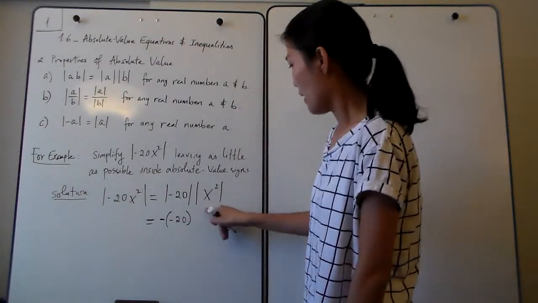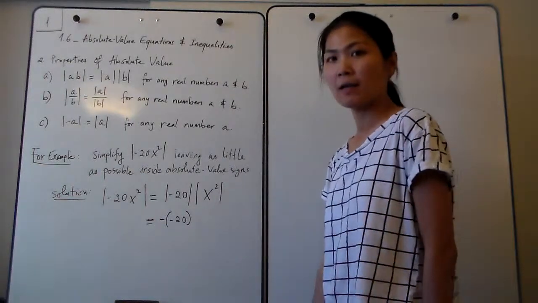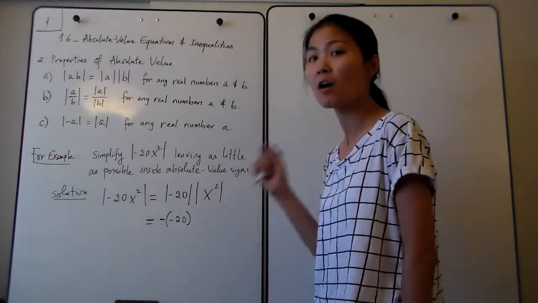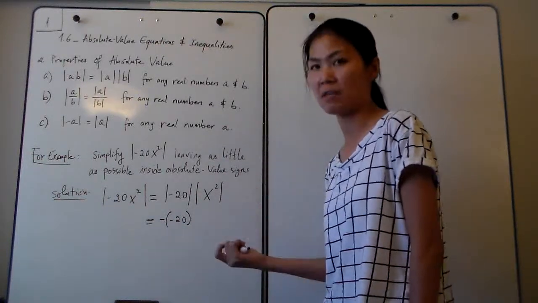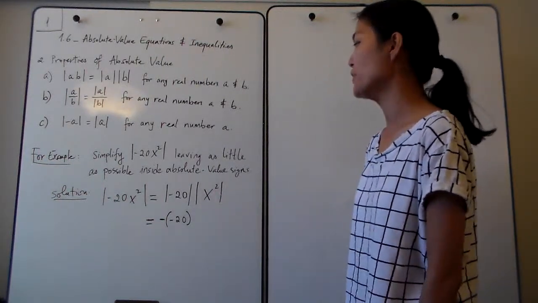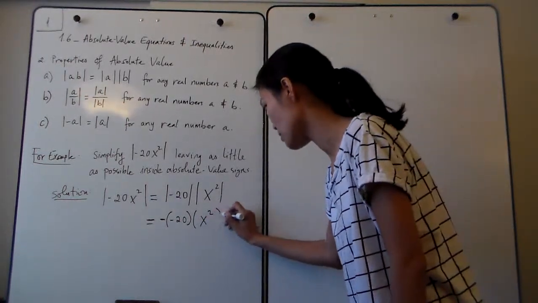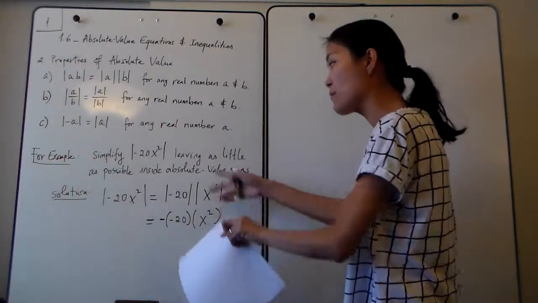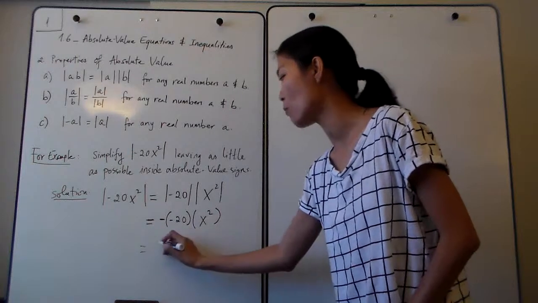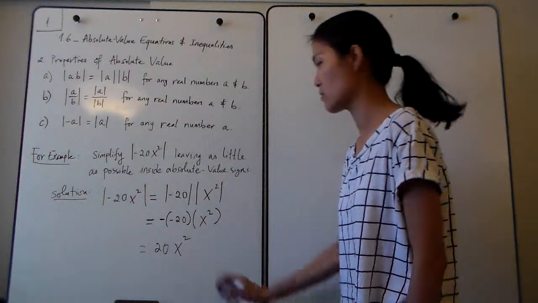And for this, now, x raised to the second power, that means whatever x equals, when it's raised to the second power, it's always guaranteed to be a positive number. Okay, so if x squared is positive, using the definition of the absolute value, it's just equal to x squared. That means we drop the absolute values. Simplify further, we have negative times negative 20 is 20 times x squared. Okay, so this is the answer.